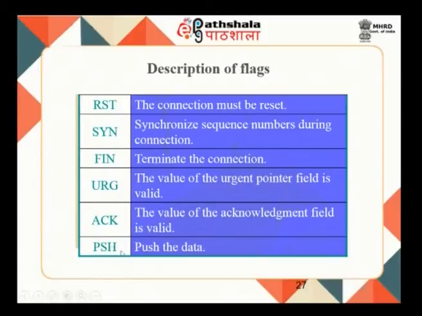So, push is typically used when the application is telling TCP not to wait for data to be accumulated, but just to push this data out. Similarly, on the other side, as soon as the push data is received, it has to be delivered to the application immediately. That is what is done with the help of these flags. So, with these flags and the basic fields that we have in the header, TCP takes care of all the other features that we have.